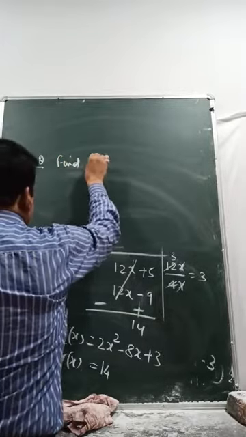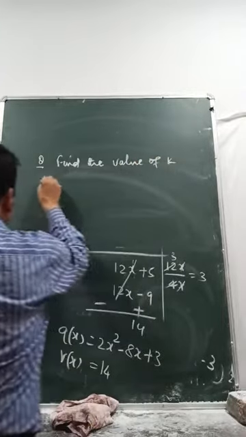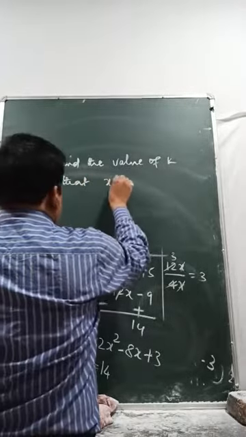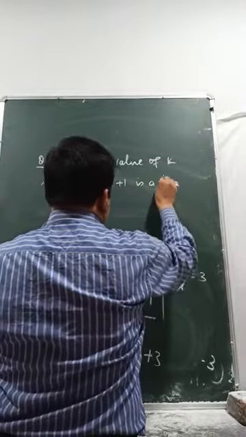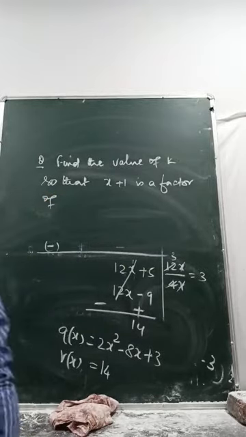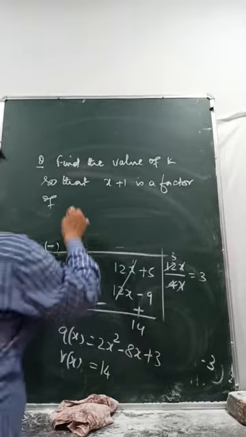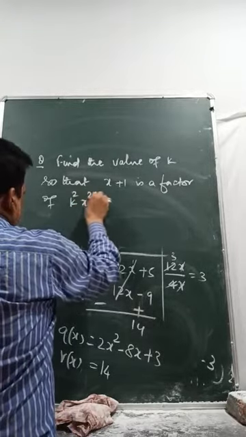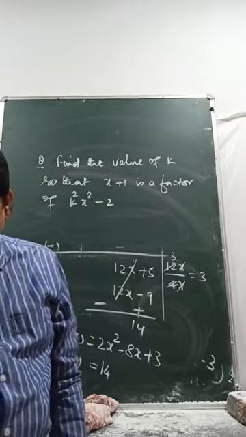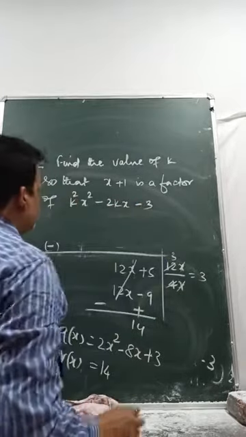Find the value of k so that x plus 1 is a factor of k square x square minus 2kx minus 3. Achha, listen now.